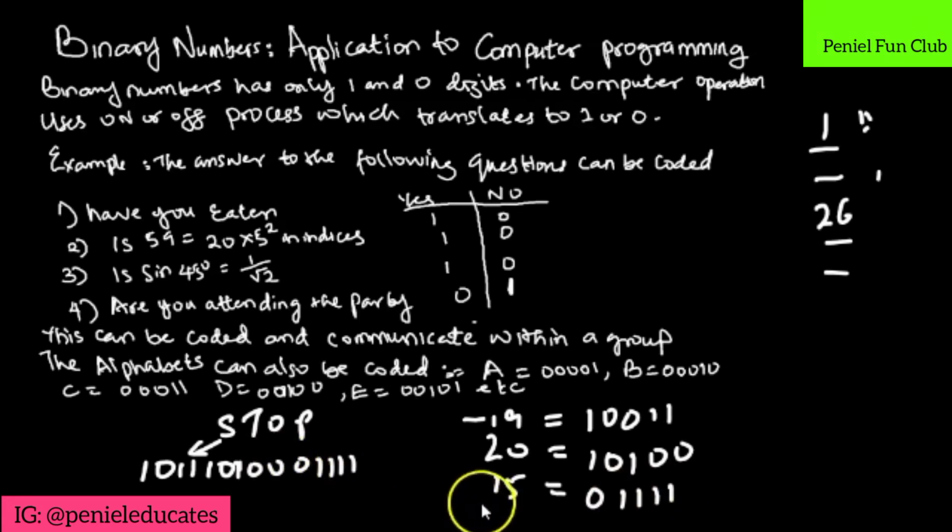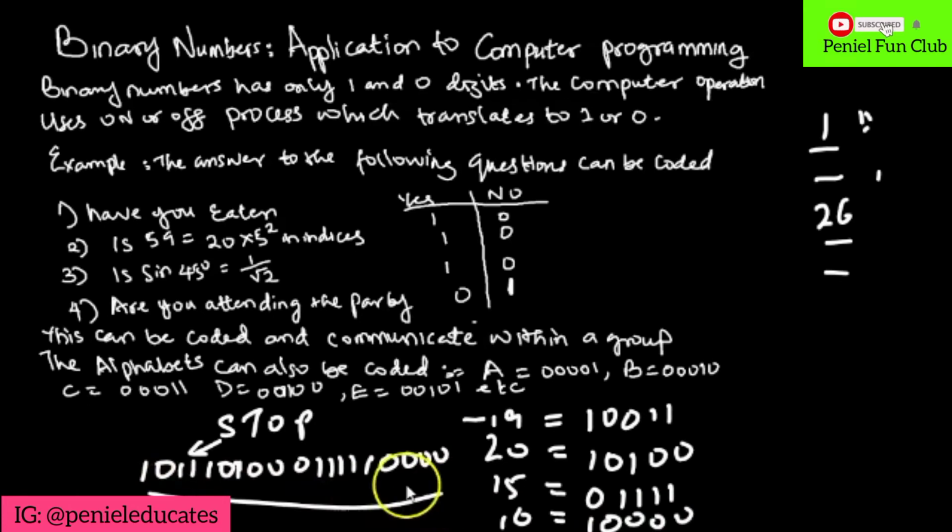Okay, then P is just the 16th position on the alphabet. Then we can have 16 converted to binary, which is 10000.